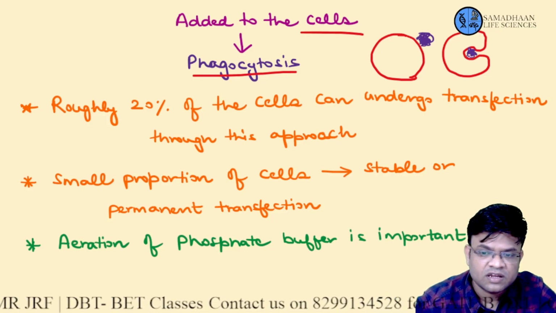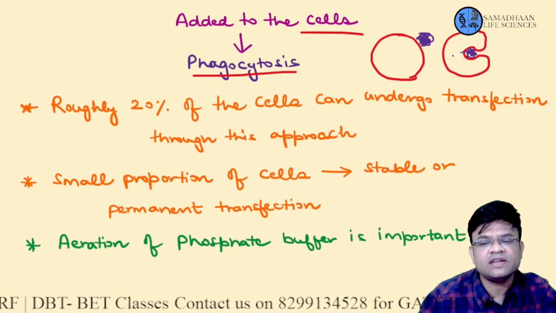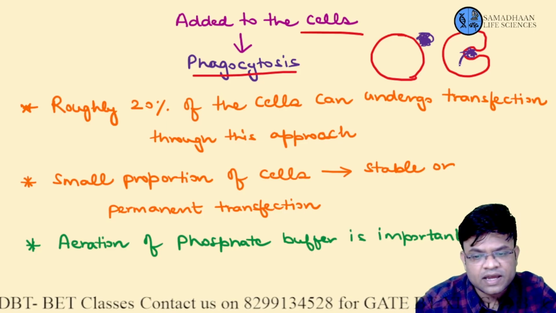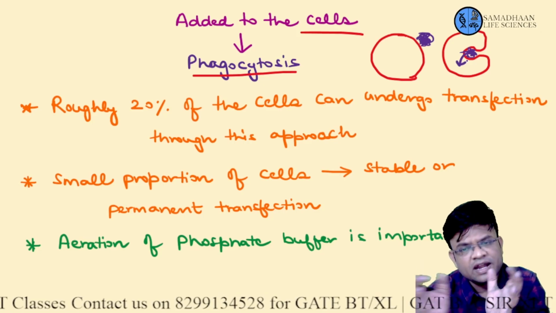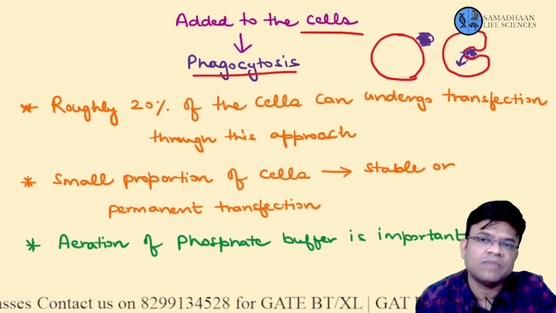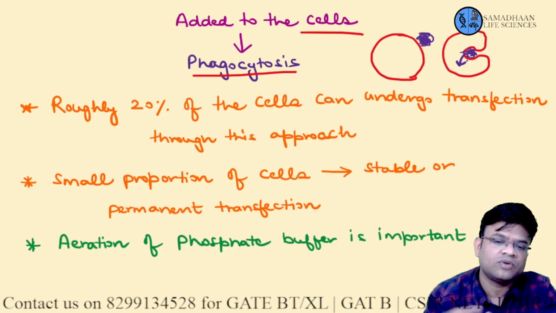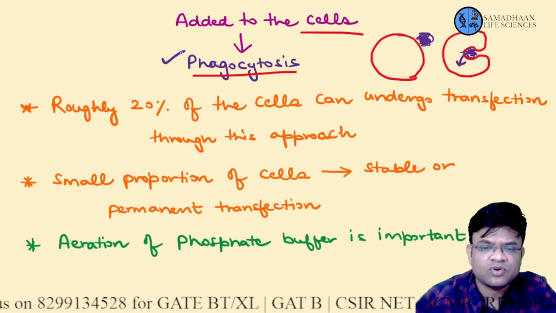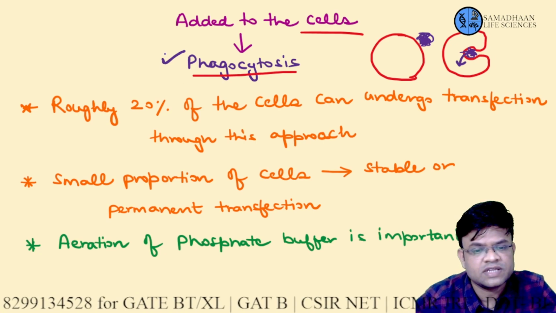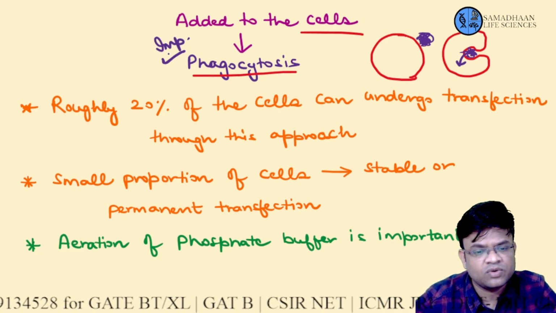When it is engulfed, it is taken inside, and the DNA is freed, and the DNA can be used up by the cell. We would be talking more about that. So the DNA is taken in through the process of phagocytosis. This is an important point. You should know about this.